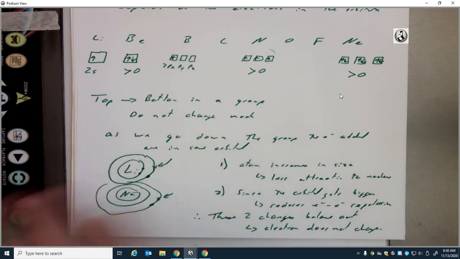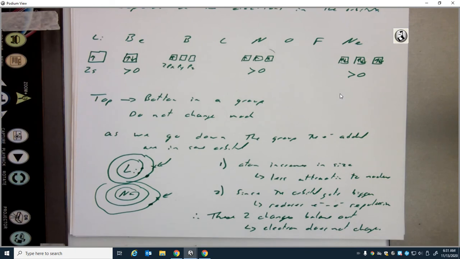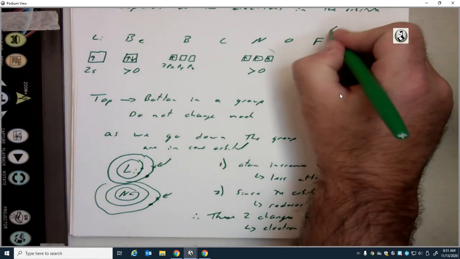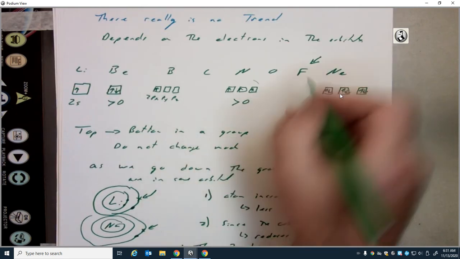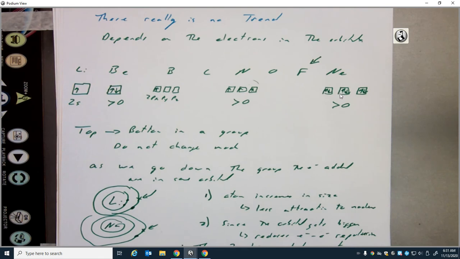So in reality, you'll look up these numbers, and if it's really, really negative, it's going to want electrons. If you remember, fluorine wants electrons the most, so it's going to have a big electron affinity.